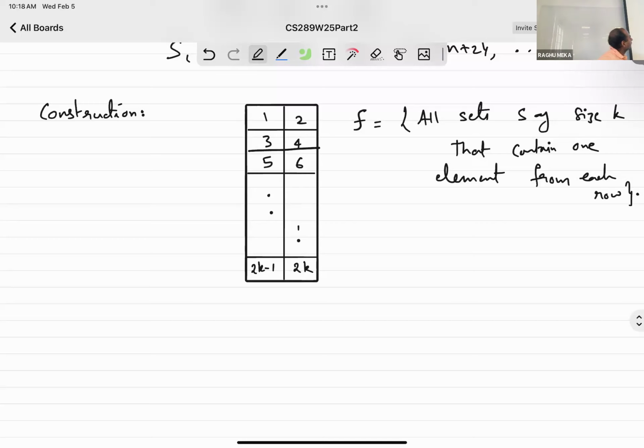So I can pick, say, 1, 3, 5, or it could be 1, 4, 5, and so on, 1, 4, 6, and so on and so forth.